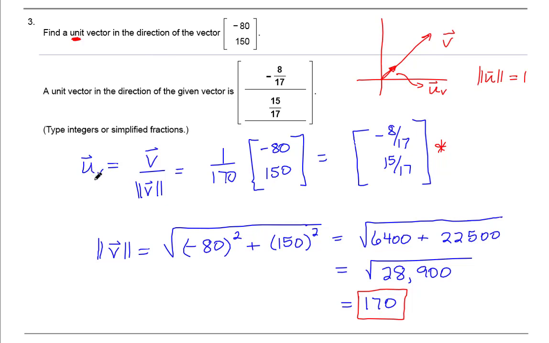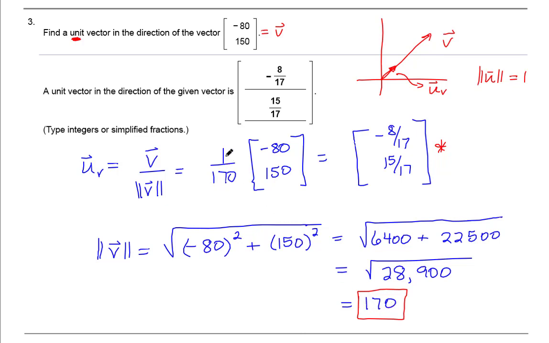Well, to find that, we simply take the original vector and divide it by its own magnitude. So the magnitude of vector v, call this vector v, I square each of the components, all right? So that's the square root of 28,900, which you can calculate to be 170.